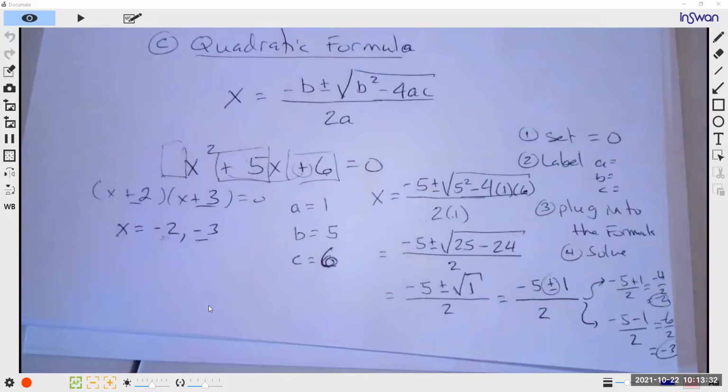So this method here, the quadratic formula, requires really no thought. It's just plug and play.